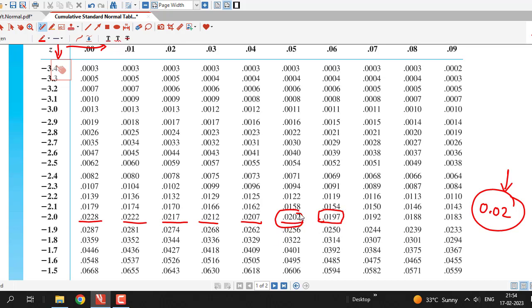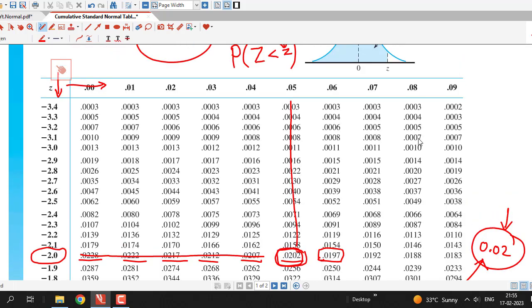So we can see this will work here, 0.0202. This 0.0202 is the value which is closest to 0.02. So we have to write down the corresponding value of z. Here I have minus 2.0, and if I consider this column, then I have 0.05.